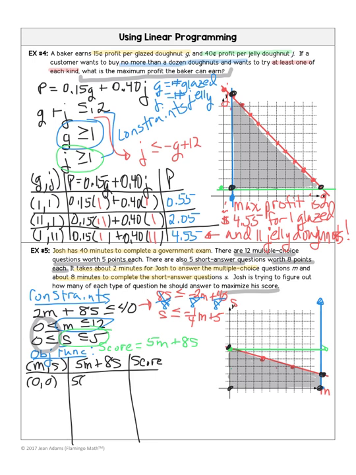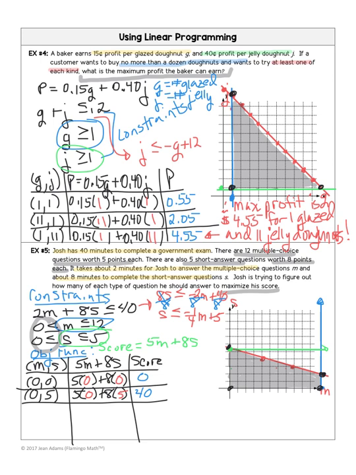So of course we would have a score of 0, which we definitely, hopefully that's not your max. Then our next vertex is 0, 5. So we're going to plug in 0 and 5, which is going to give us 40. Well, that's better. We can do better than that.